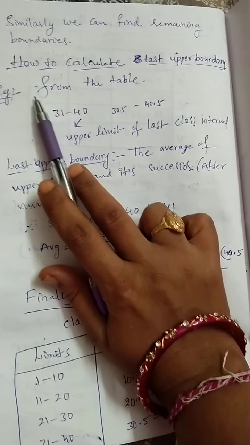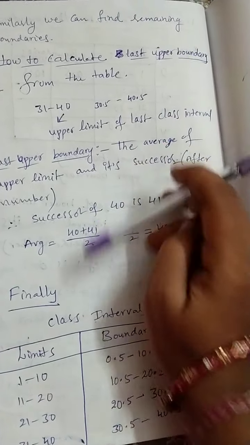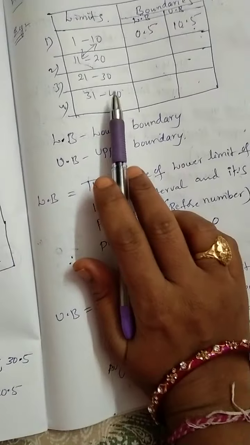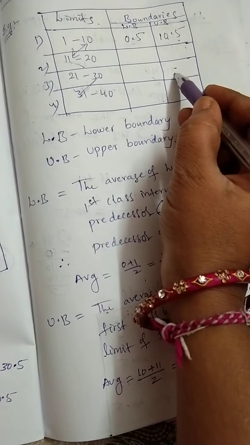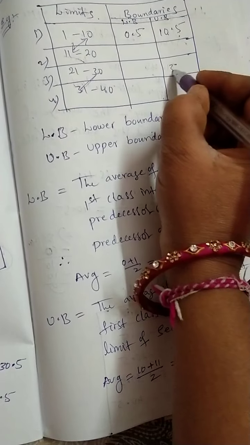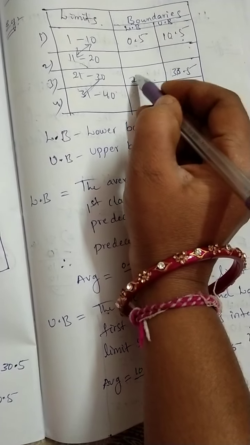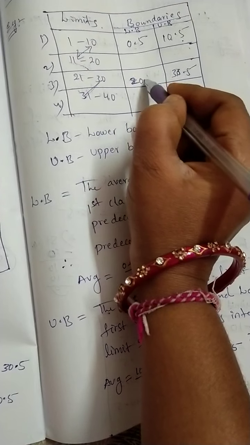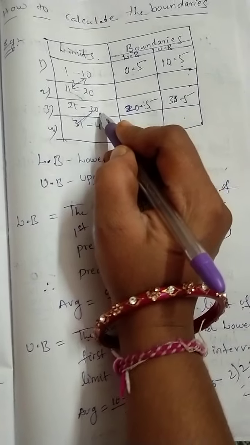Now, how to calculate the last upper boundary? Because we are taking the average of two numbers, if you take the average here you get this one, right? Here 20.5, 0.5 is less, 0.5 is more.